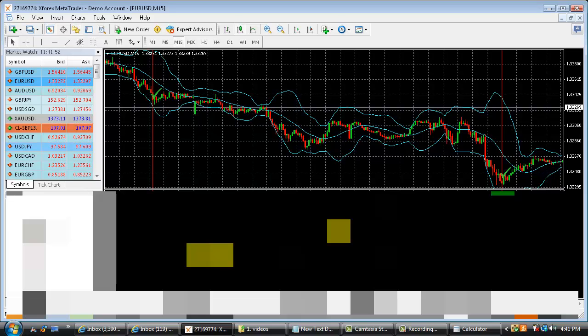Number one, you have to check. I will check the economics calendar to see if there is any economics data coming out, or whether there's anyone speaking. Whether Ben Bernanke, the Federal Reserve chair for the US, or anyone important is speaking that can affect the currency.